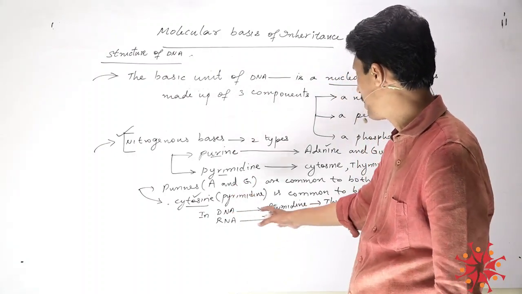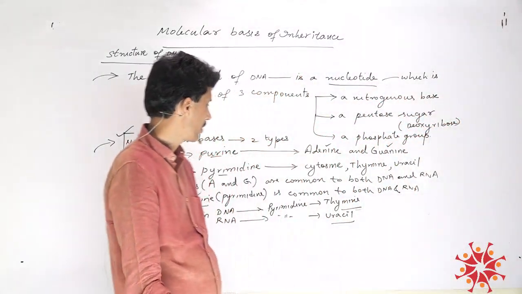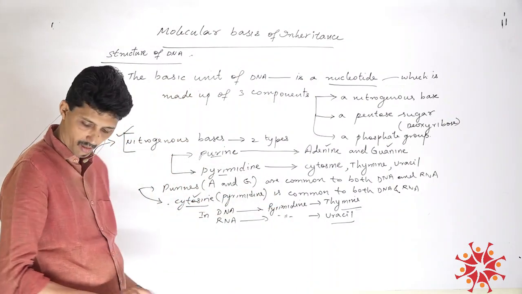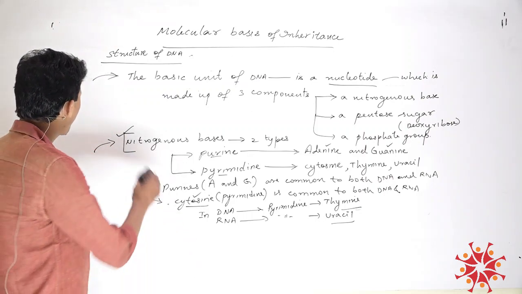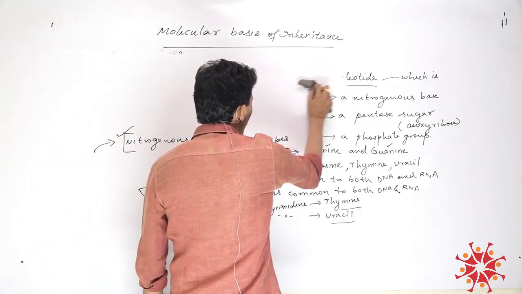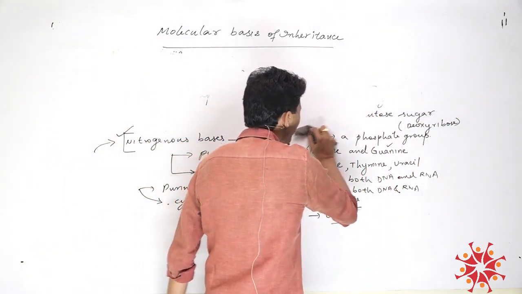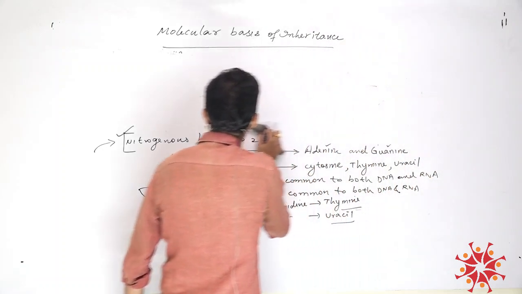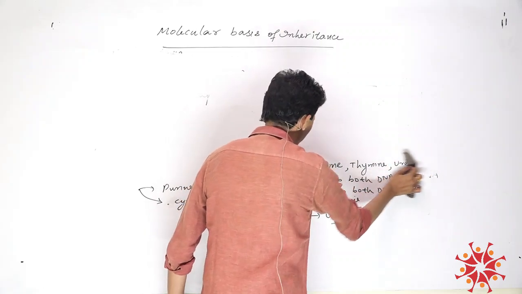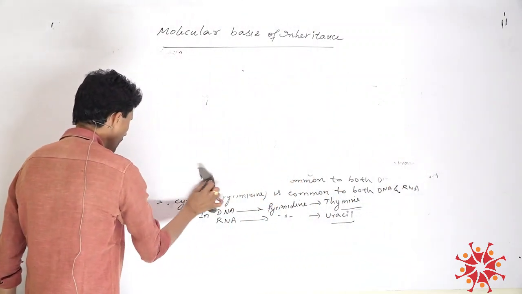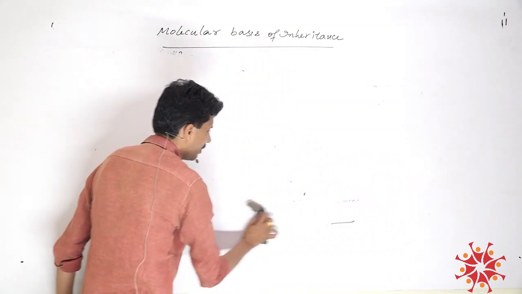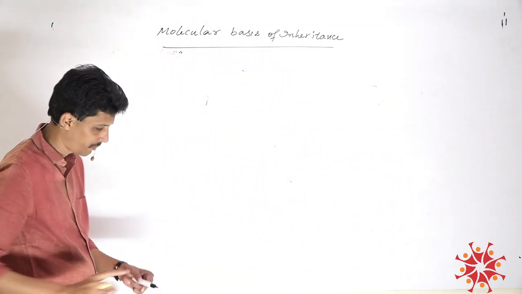DNA will have in addition to that thymine, RNA will have in place of thymine uracil. So that is about nitrogenous bases. Now, nitrogenous bases are of two types we have seen. Also pentose sugar is a component of a nucleotide, we have said, right?